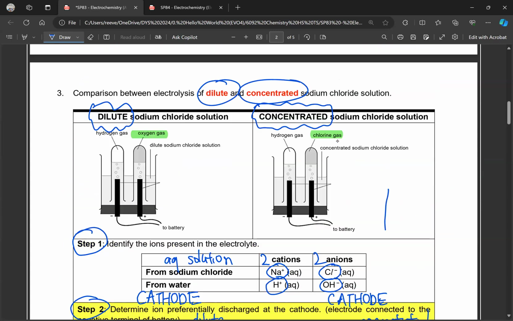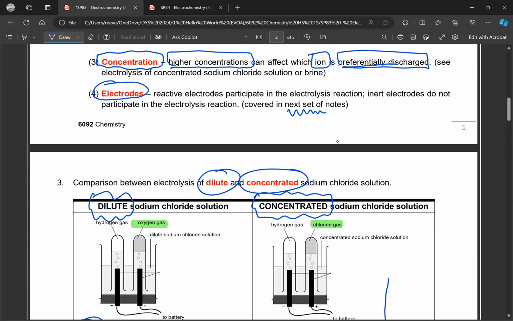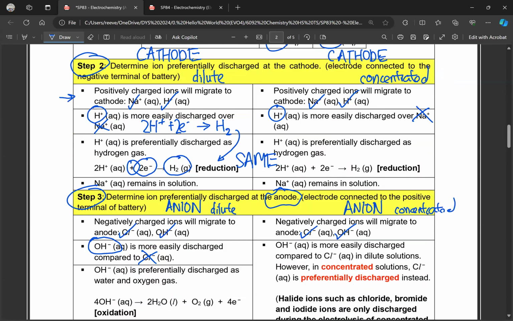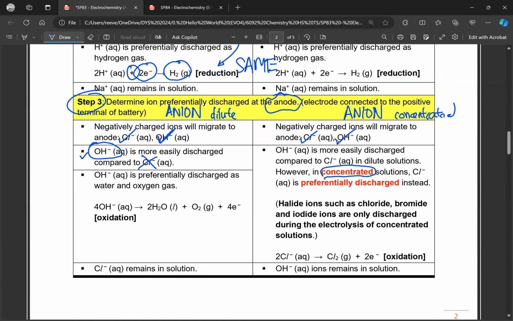Because of this chart over here. OH- is the easiest, it's written that way. So for dilute, it will discharge the OH-. However, for concentrated, it's a different story.